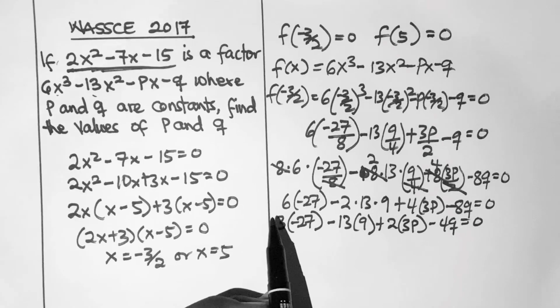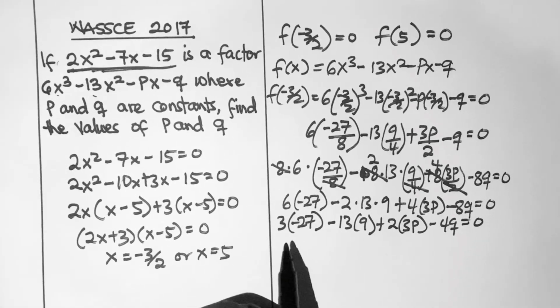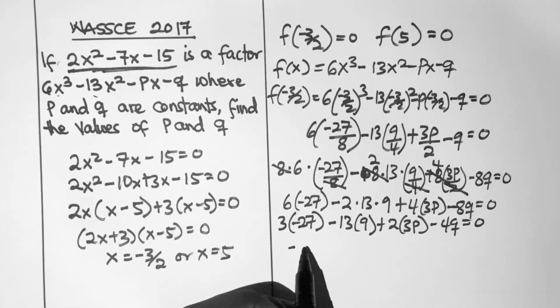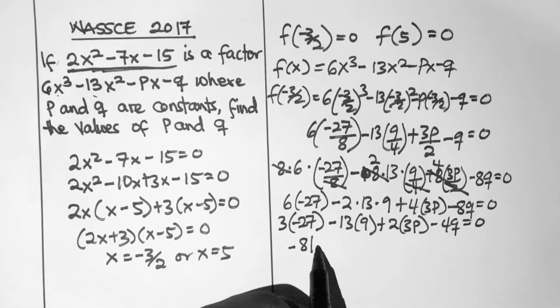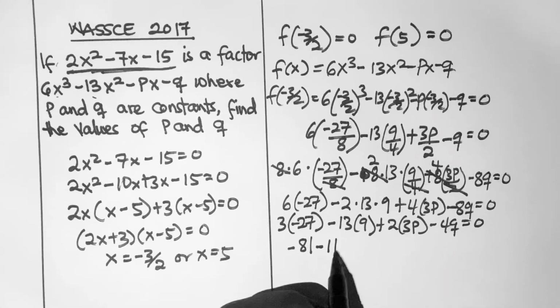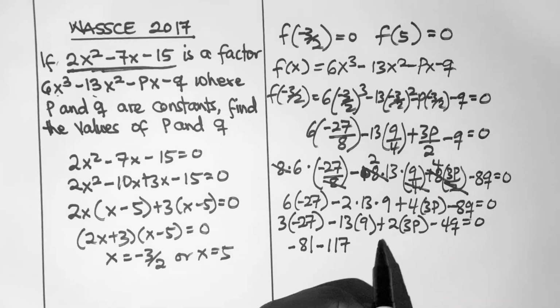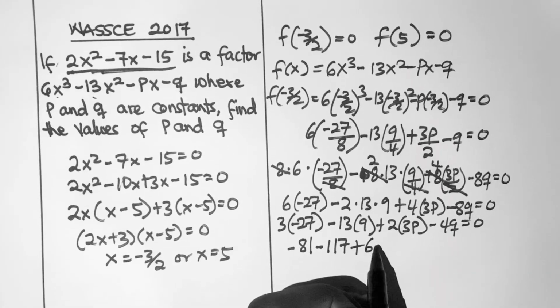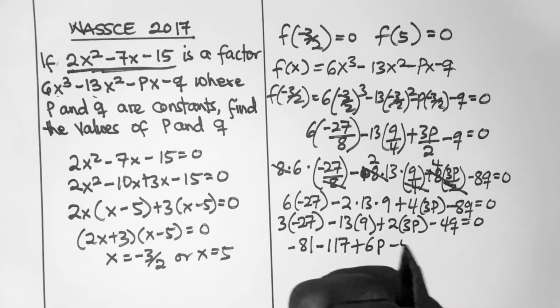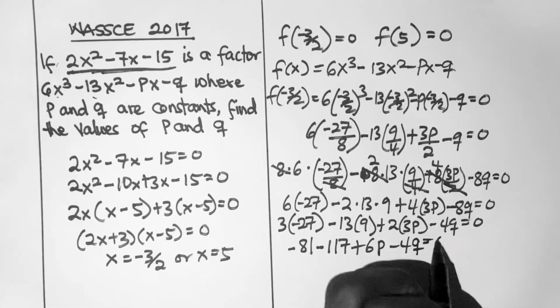So 3 times minus 27 is minus 81. 13 times 9 is minus 117. And then 2 times 3 is plus 6p. Then minus 4q equals 0.